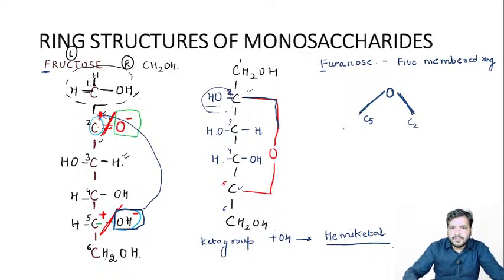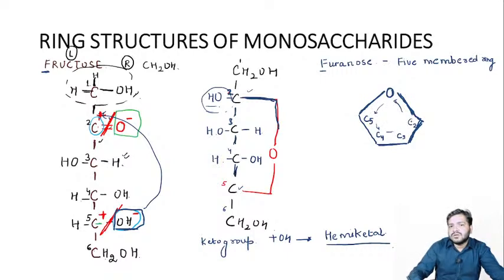Now this 5th carbon atom is bonding with the 4th carbon atom. Now this 4th is bonding with the 3rd carbon atom, and this 3rd is again bonding with the 2nd carbon atom. So we have started with the 2nd carbon, which is forming an oxygen bond, then to the 5th, to the 4th, to the 3rd, to the 2nd.